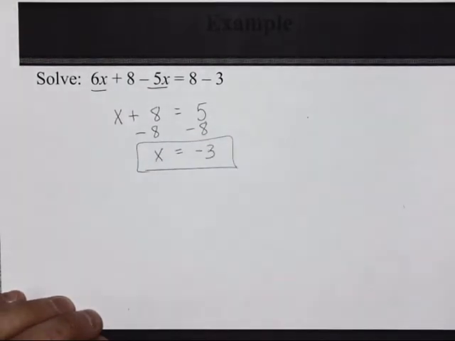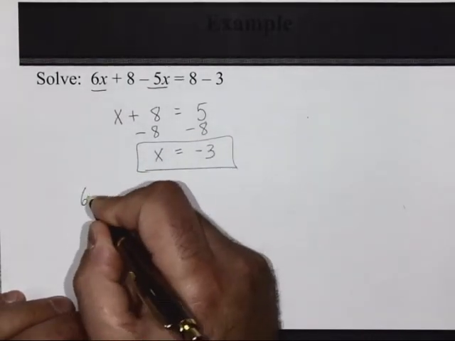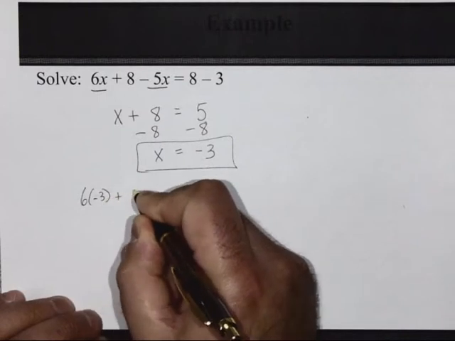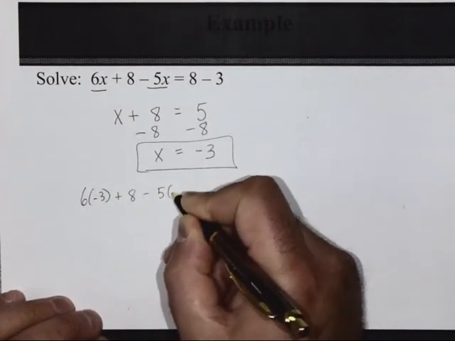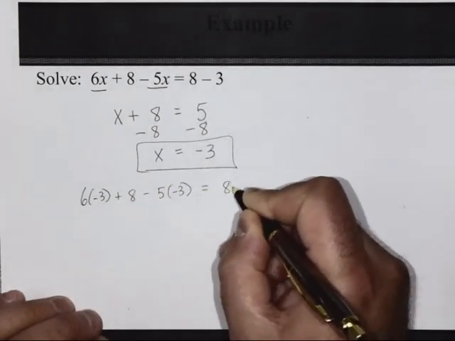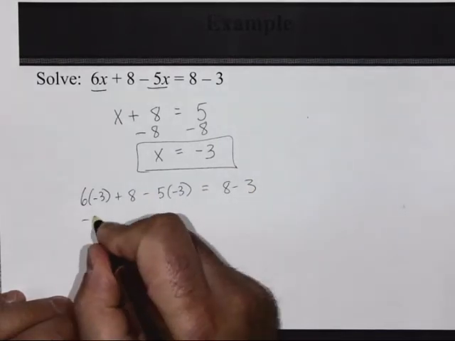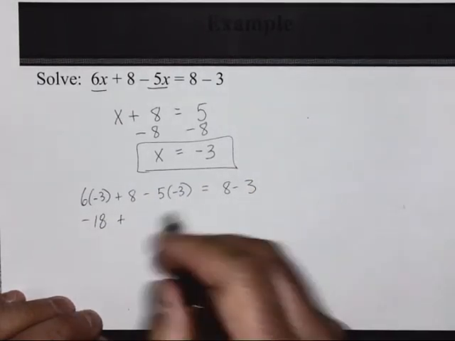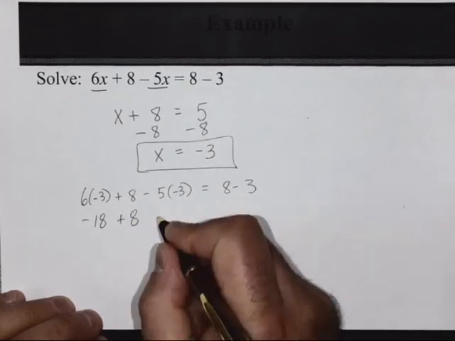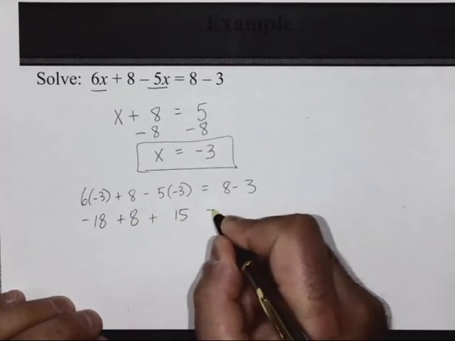Okay. Check that solution. So plug negative 3 in everywhere there is an x. So this gives me negative 18 plus 8 plus 15.